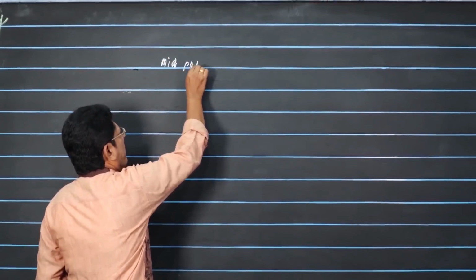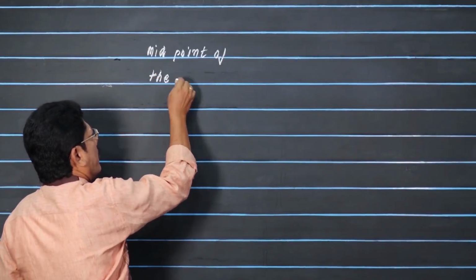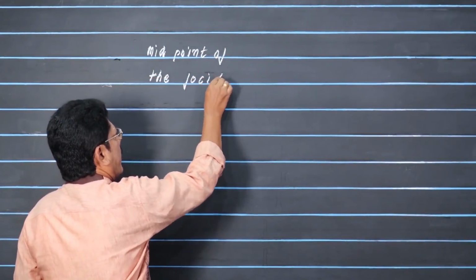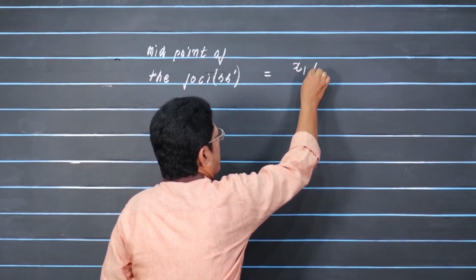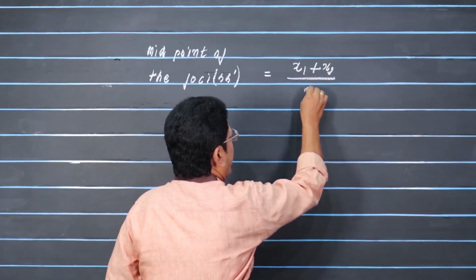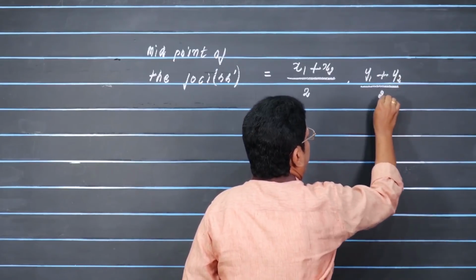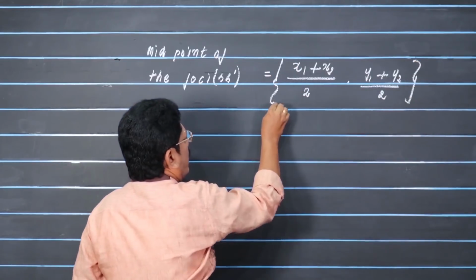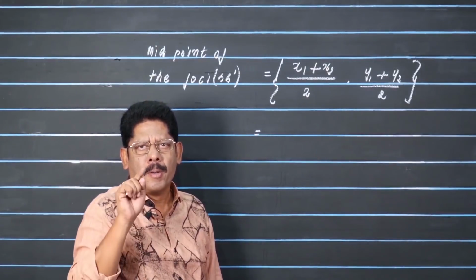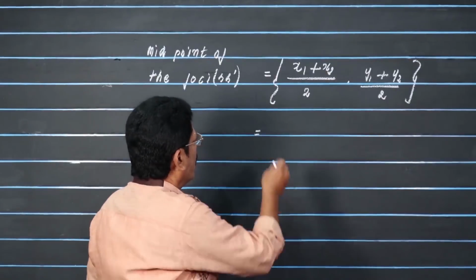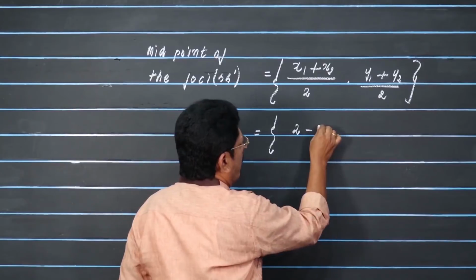Midpoint of the foci S dash is equal to x1 plus x2 by 2, y1 plus y2 by 2. You know that the foci value is equal to plus or minus 2, 0. Therefore, the value of x1 will be 2. The value of x2 is minus 2.